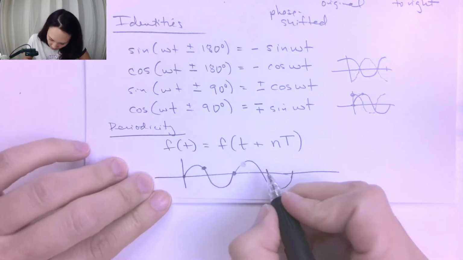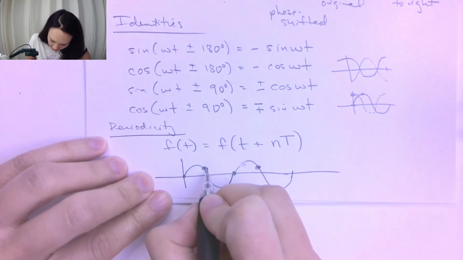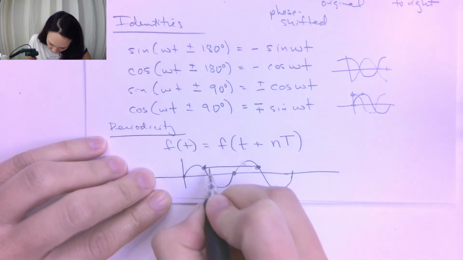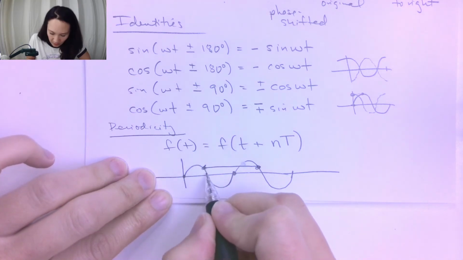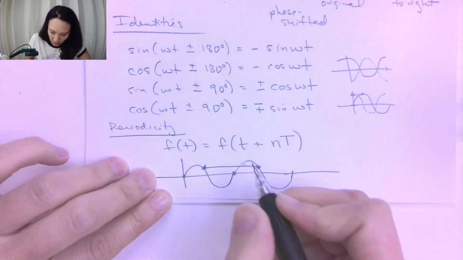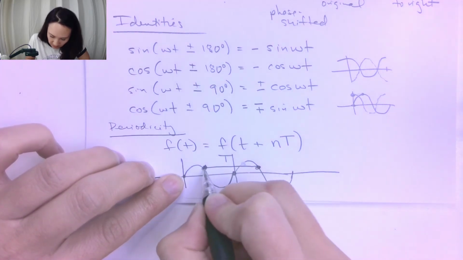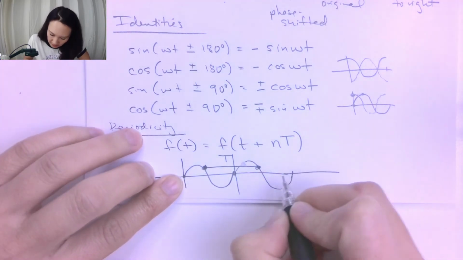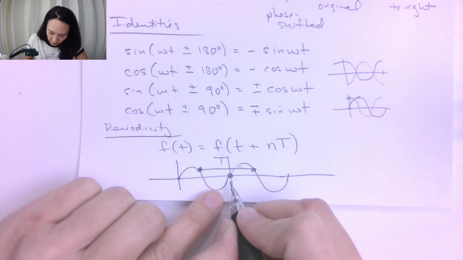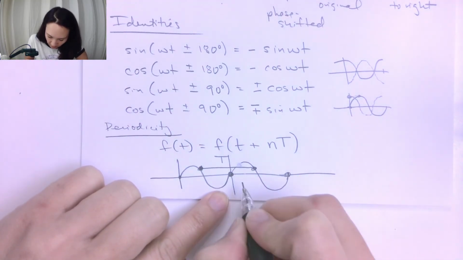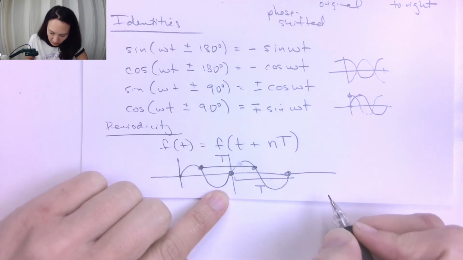Oh, I didn't draw this right. This point is right here. Okay, so between this point and this point, it's in the same location on my sine wave relative to where it begins. This differs by 1 period. From this zero crossing to this zero crossing is also 1 period.